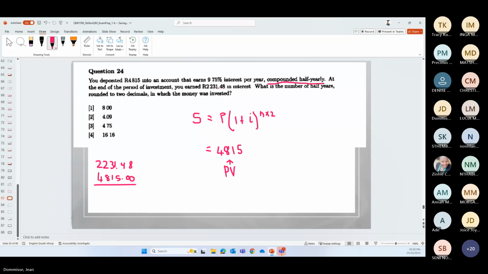So that's where we started off. That is what the interest was. So if we add the two, we get to what our future value is. So the future value is 7046.48.